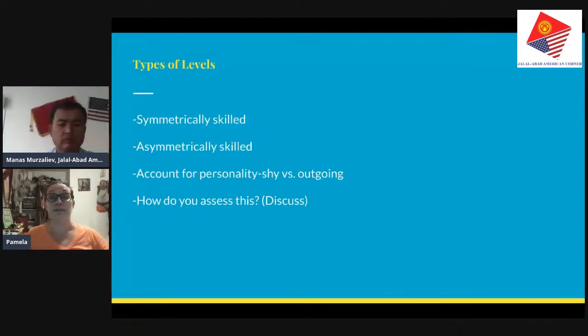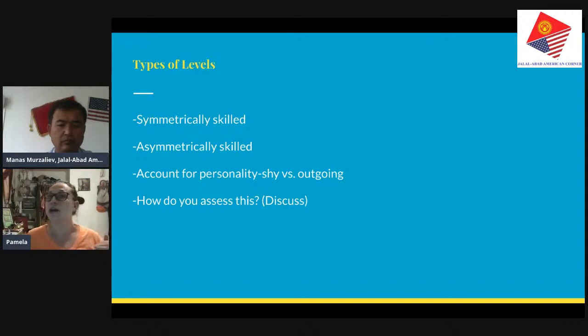So let's talk about the different types of levels that you'll have in a foreign language class. You'll have the symmetrically skilled. This means that if somebody is at a beginner, an intermediate, a high intermediate, a low advanced, an advanced, a high advanced, however you categorize them, all of the 4 skills will be pretty much at the same level.